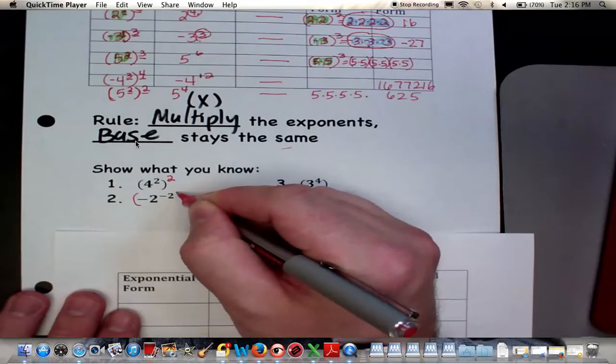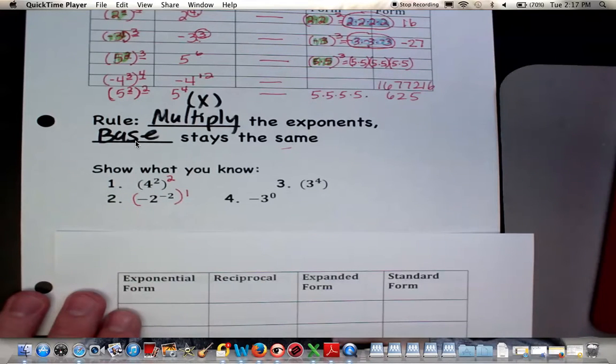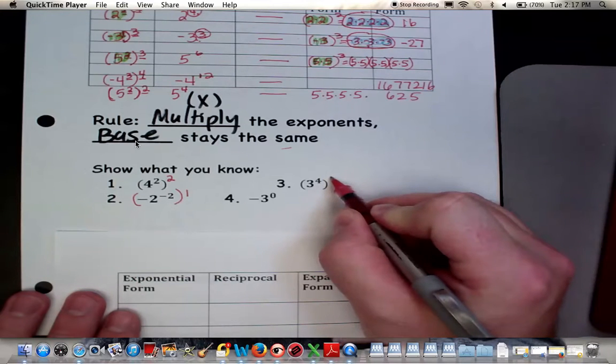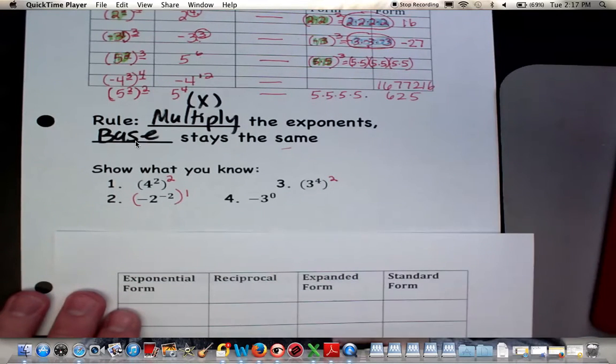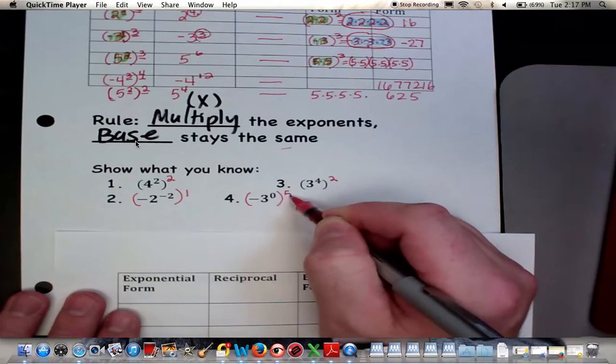Then negative 2 raised to the negative 2 times 1 to the 1st power. Then 3 to the 4th power to the 2nd. And then negative 3 to the 0 power to the 5th power.